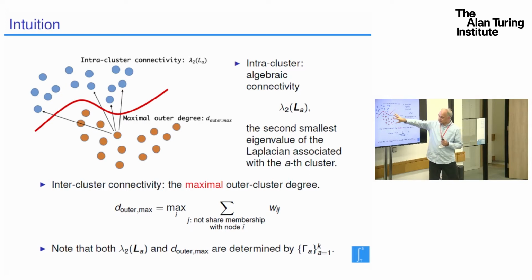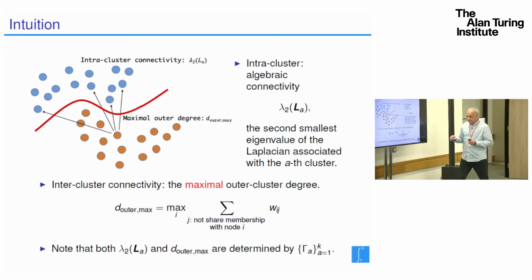What justifies calling this red its cluster and blue its own cluster? Somehow these orange points must be closer together than if I look from orange to blue. So somehow the connectivity inside here must be stronger than if I look across this red line. How can I measure this?